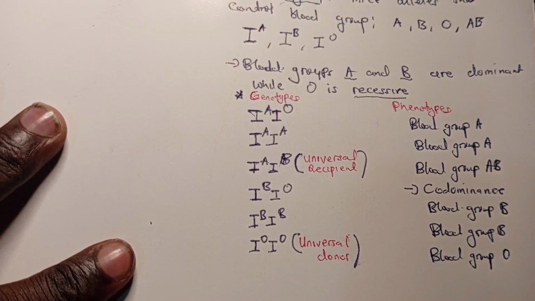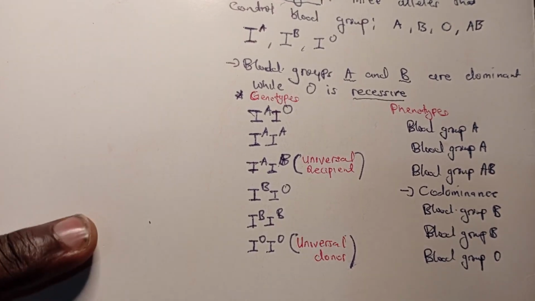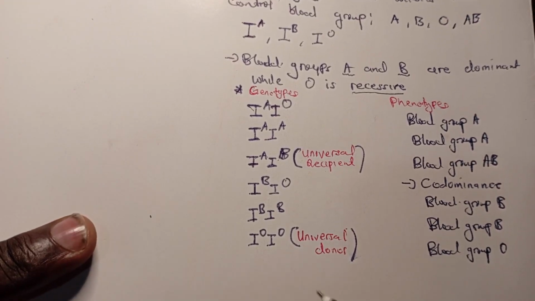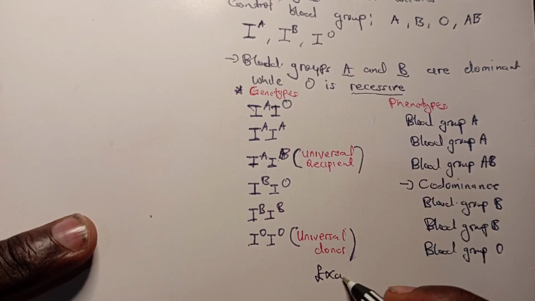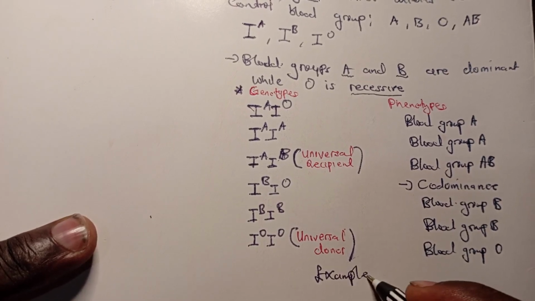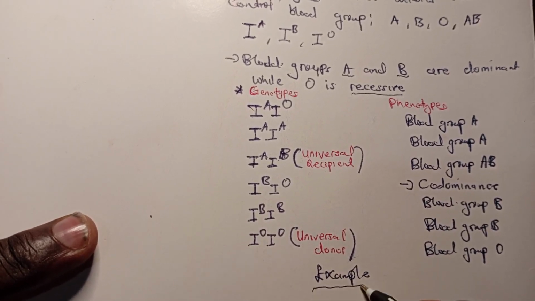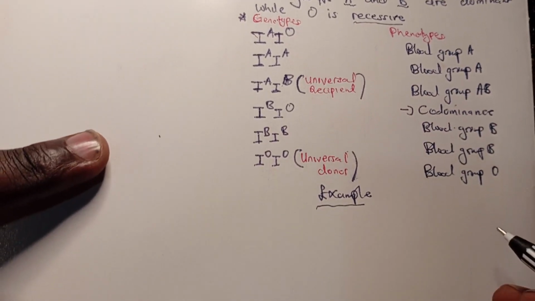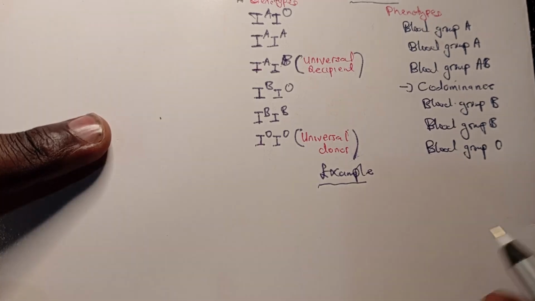Blood group can tell that. Let's do an example before we go to sex-linked inheritance.